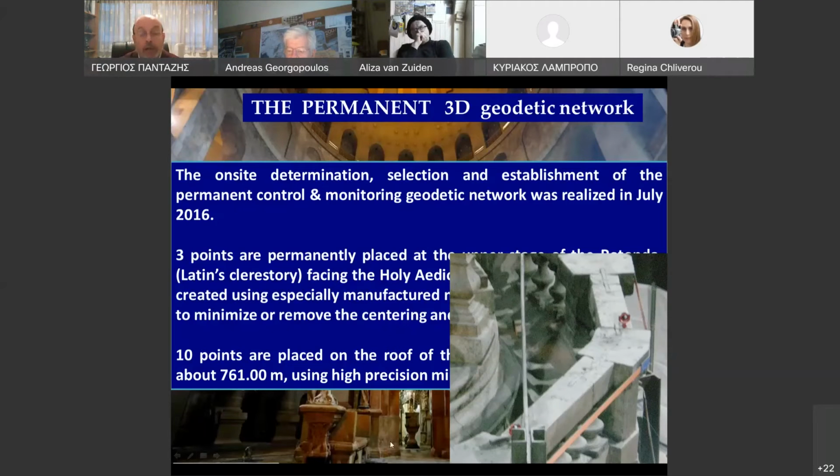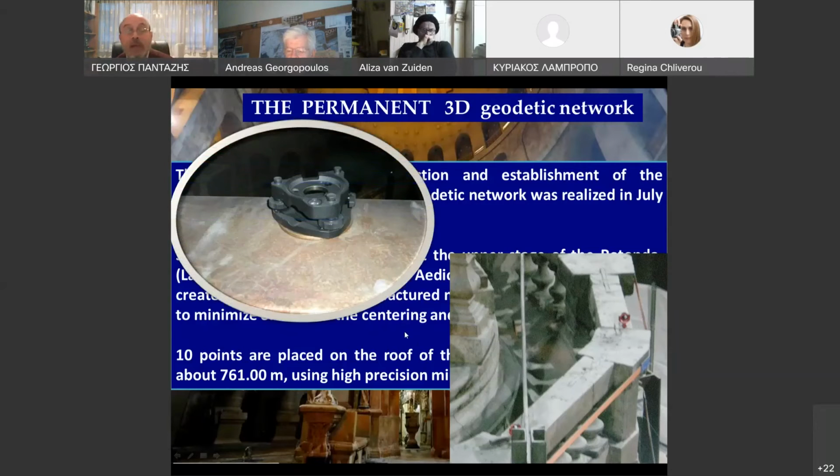These control points were created using specially manufactured metal control plates, such as, yes, this is one of the 3 points. Using this construction, it is possible to minimize or remove the centering and leveling errors when a total station is placed at this point.